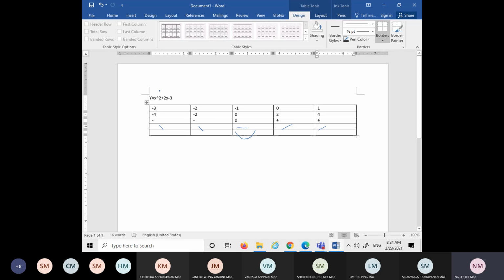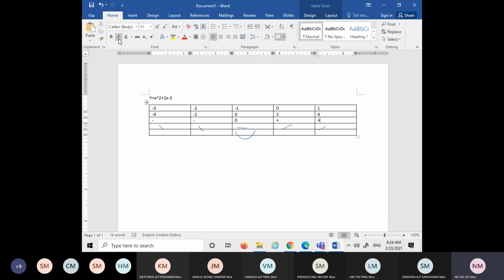Now we come to number 6. Number 6 is another function. This function is power 3, so a cubic function, x to power 3 plus 4.